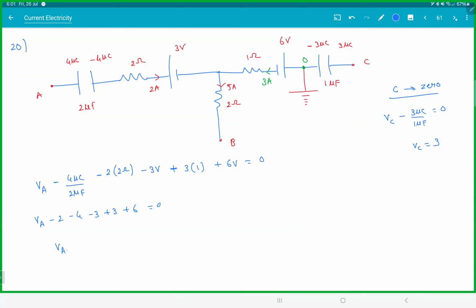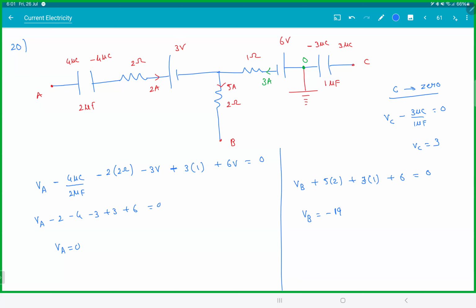Yeah, VA is 0. Then let's go from B to 0. VB, I'm going opposite to the current, so 5 into 2. Then again I'm going opposite to the current, 3 into 1. Then I'm going with the battery, 6, I reach 0. That's minus 19. Clear? Easy?